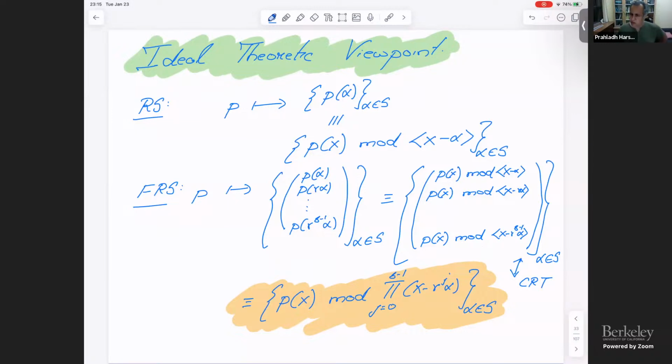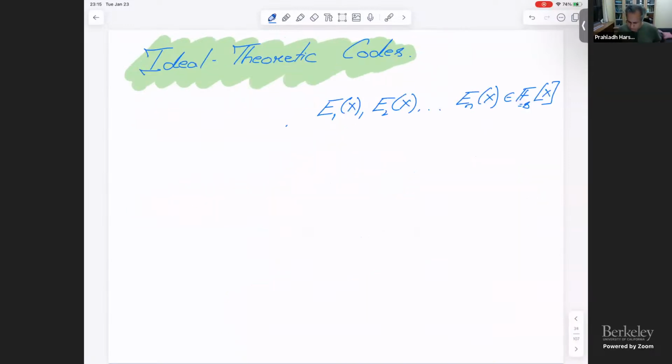This tells you that there's a very general thing in which you give a bunch of polynomials and you go mod those polynomials. So far, we looked at evaluation codes, which, given a polynomial, give its evaluation at several locations. We could instead take a polynomial and give it mod several polynomials. More precisely, we can take this notion of an ideal theoretic code, which is a generalization of the evaluation codes that we are familiar with.